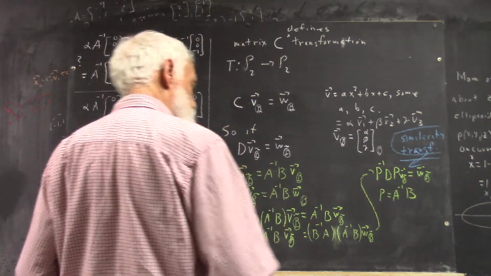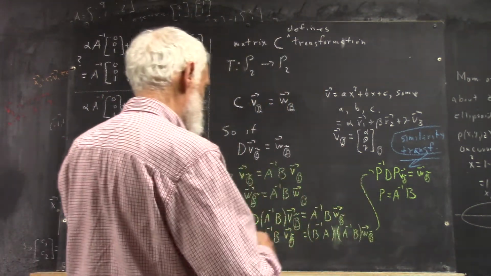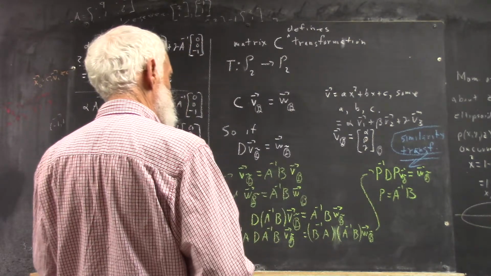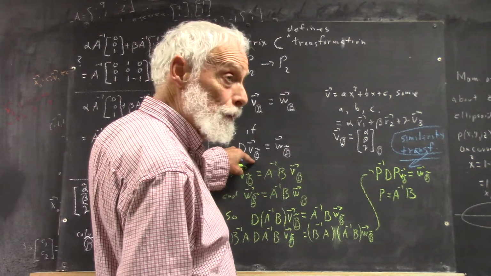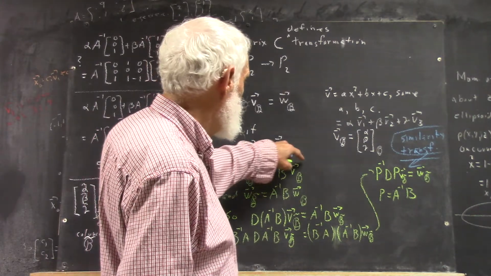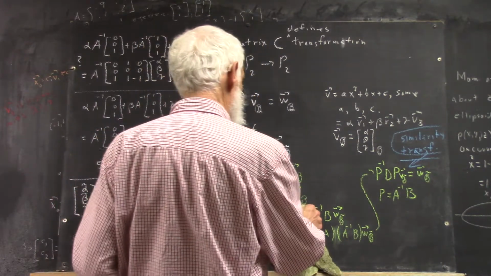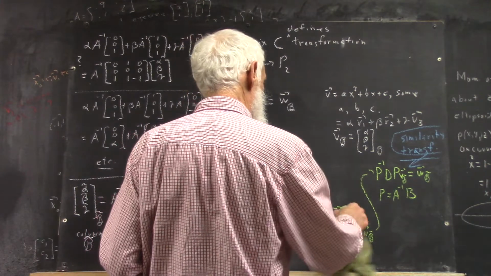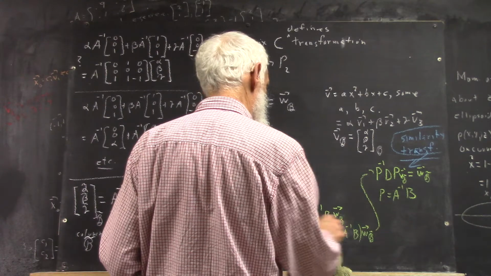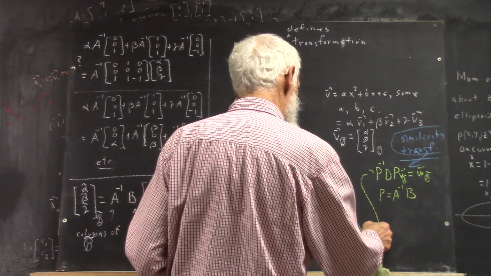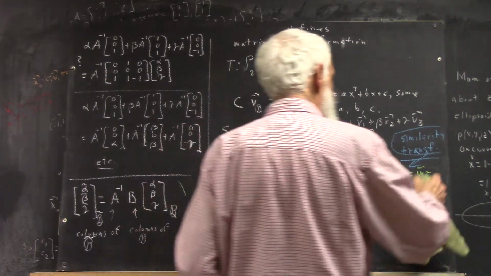Yeah, I've got my hats in the wrong place here. Because VB hat, which is here, is A inverse B times VB. So I shouldn't have had my hat on there. Shouldn't have used the tildes. Get rid of the tildes.